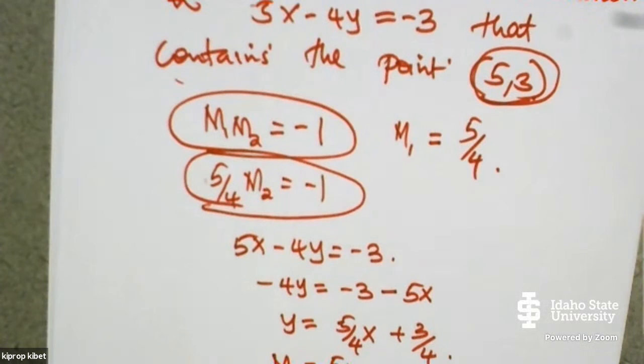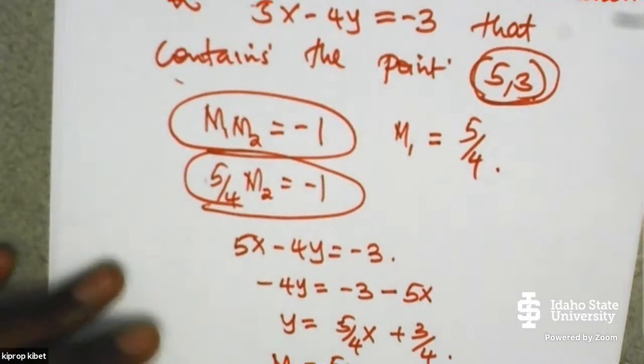So you need to look for the gradient of the second so that you can get the equation of that line which is perpendicular. If it is parallel, the gradients are the same, so you use the same gradient. If it is perpendicular, then M1 times M2 equals -1. Any question?